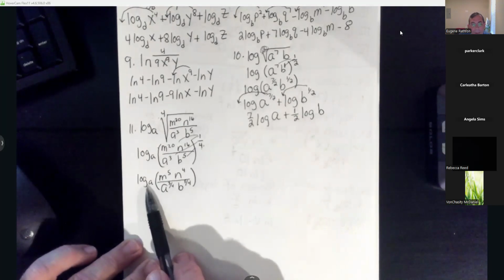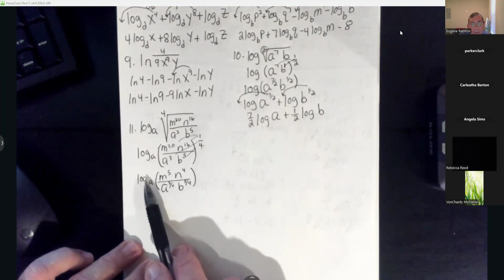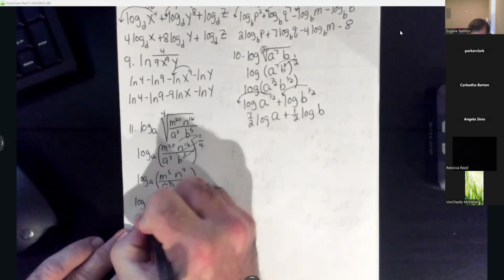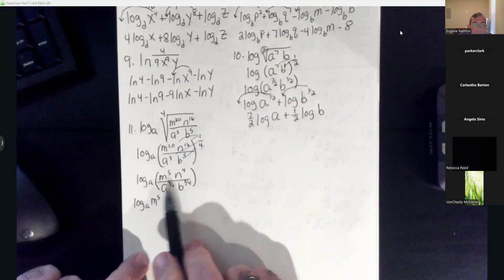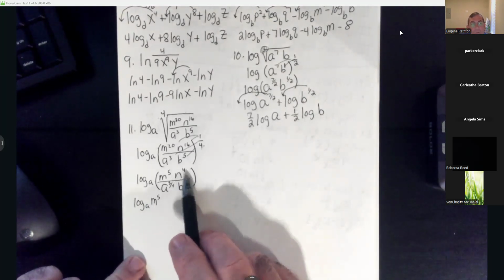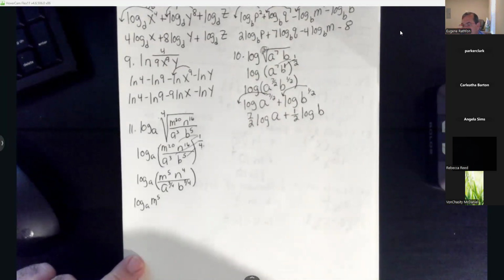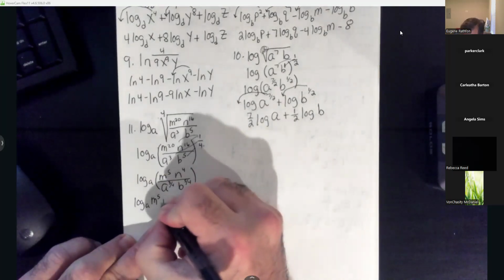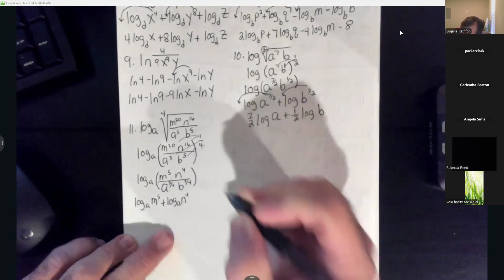Now, I'm going to distribute the log A to every one of the four factors. So I'll do a log A, m to the fifth. All right, so when I distribute a log A to the n to the fourth, will that be added or subtracted? Added. Added because it's on top. Good job. So that'll be plus a log A of n to the fourth.